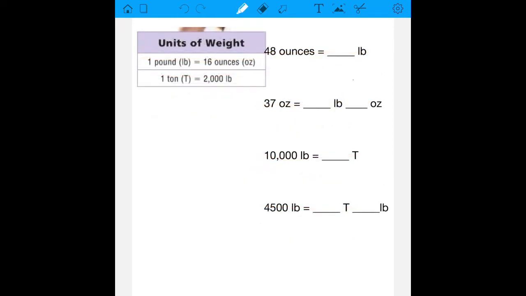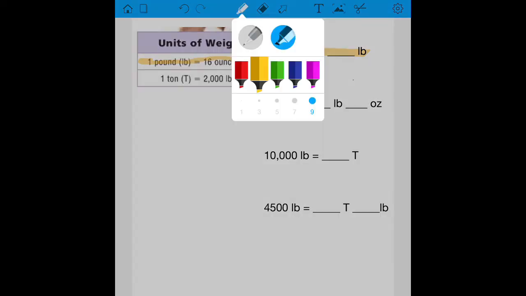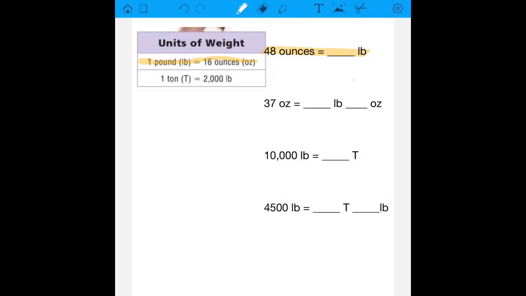Now let's take a look, because this time we are going to go from those smaller units of measurement up to the biggest one. So in this case, I am dealing with 48 ounces, and I want to change that over to pounds. Again, I can look at my chart, and I can see that 1 pound equals 16 ounces. So in this problem, I am going from the small units of ounces up to the larger units of pounds, which means that I am going to do a little bit of division.